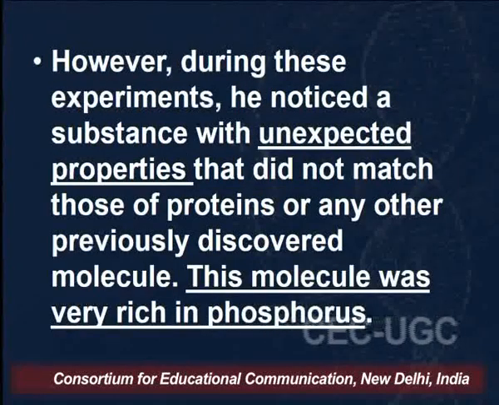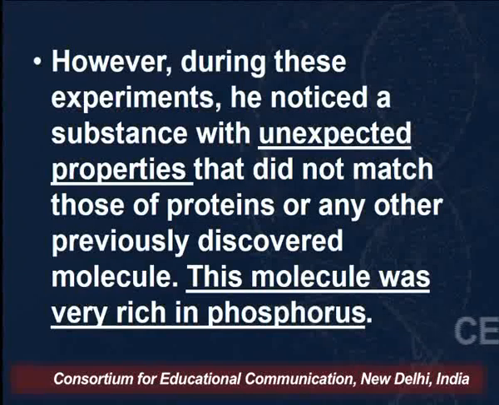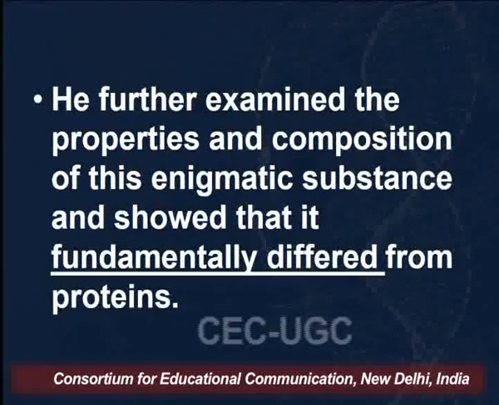However, during these experiments, he noticed a substance with unexpected properties that did not match those of proteins or any other previously discovered molecule. This molecule was very rich in phosphorus.